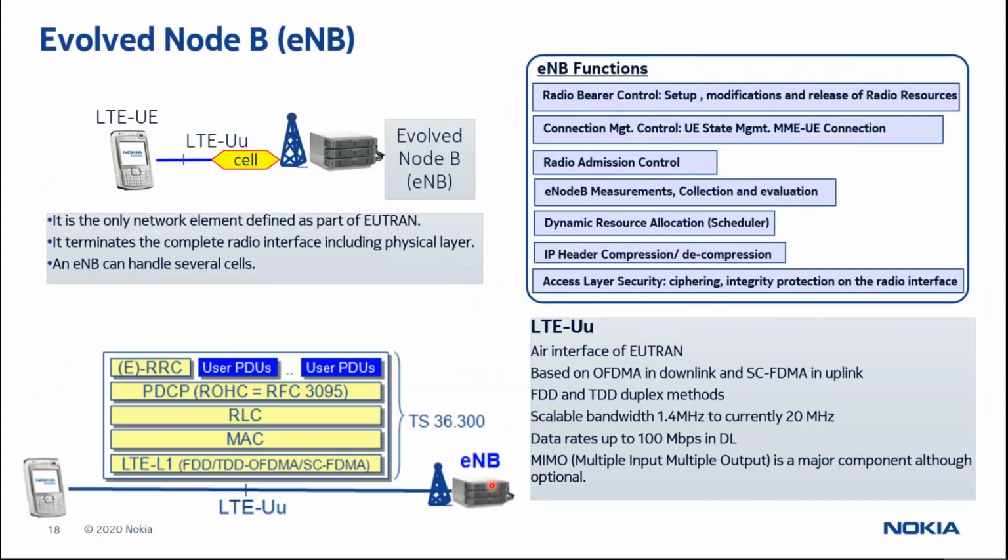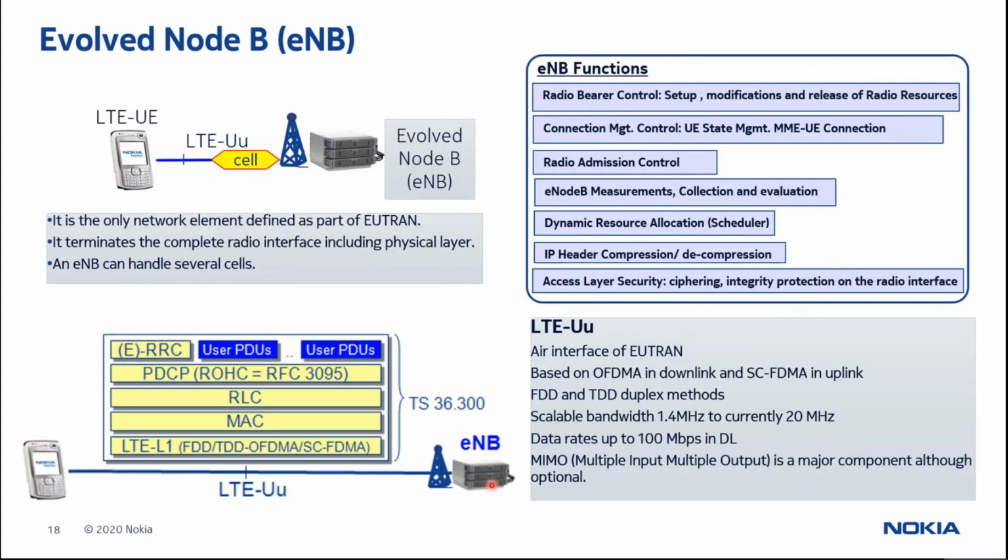Okay, let's go into the details of eNode B. Not too much, but just for the sake of making sense of what is being depicted here. eNode B, as I said, is evolved Node B. It is the only network element which is defined as part of E-UTRAN. E-UTRAN is an evolved UTRAN. UTRAN is nothing but the radio network for 3G. E-UTRAN is nothing but evolved UTRAN, which represents the 4G radio access network.